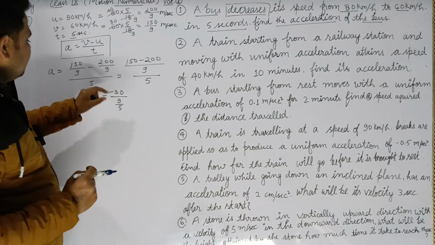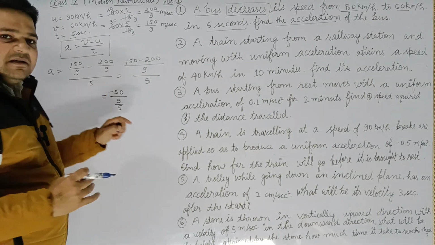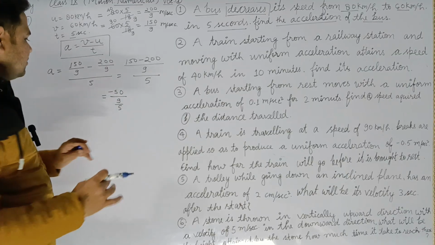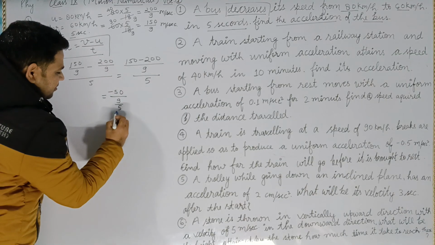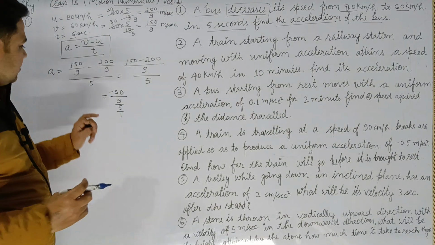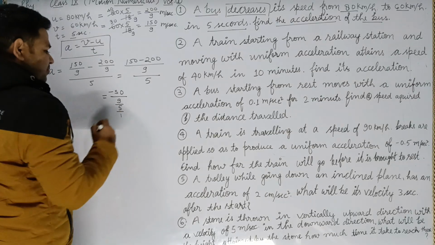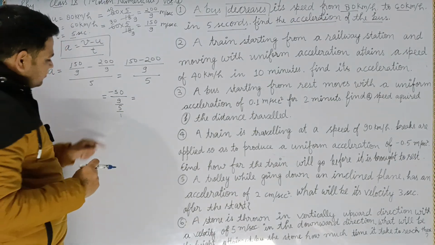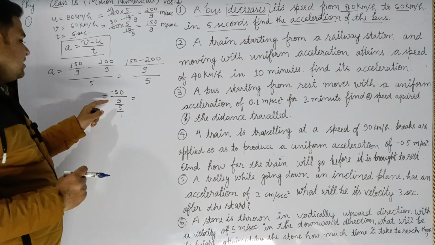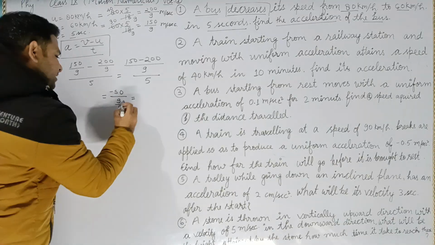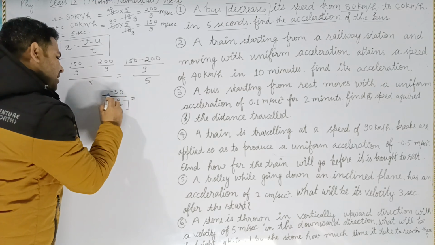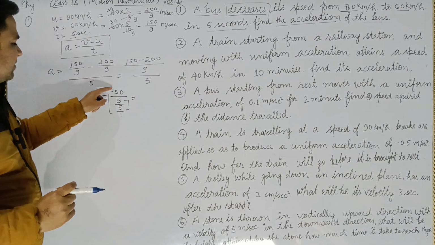Minus 50 upon 9 is a fraction, and 5 is not a fraction, so we consider it as 1 upon 5 and multiply. Internally we multiply 9 and 5, and externally we multiply minus 50 into 1.